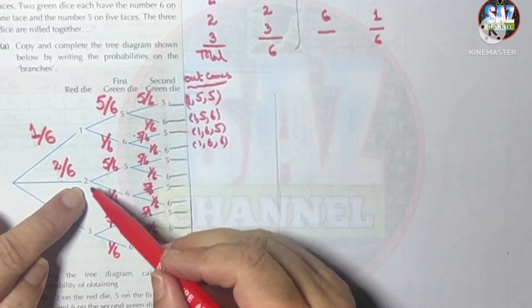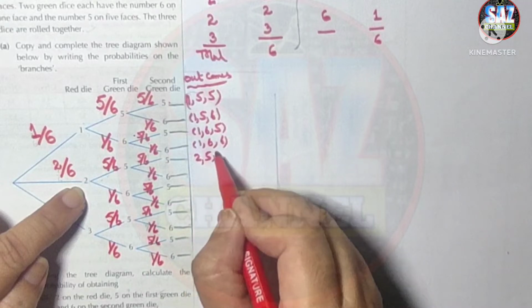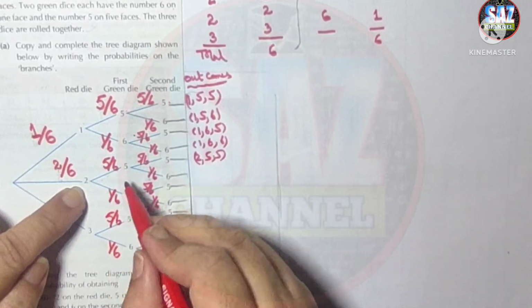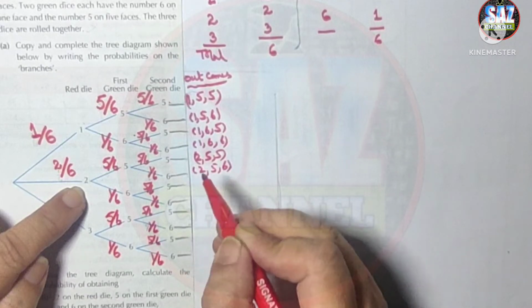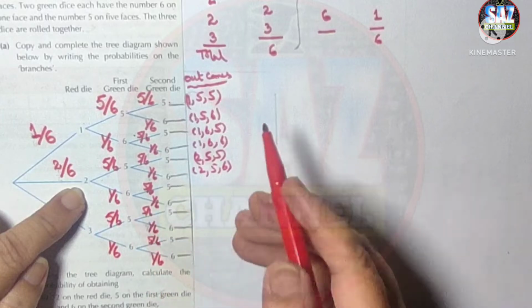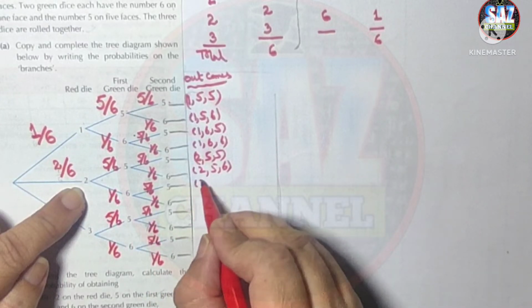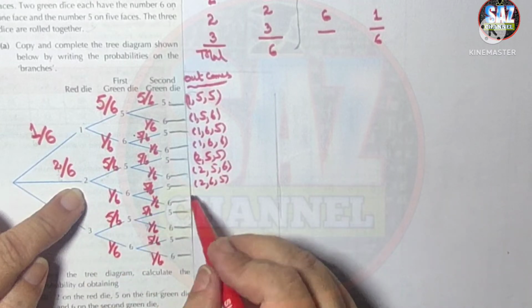Then 2, 5, 5; 2, 5, 6; 2, 6, 5; and 2, 6, 6.